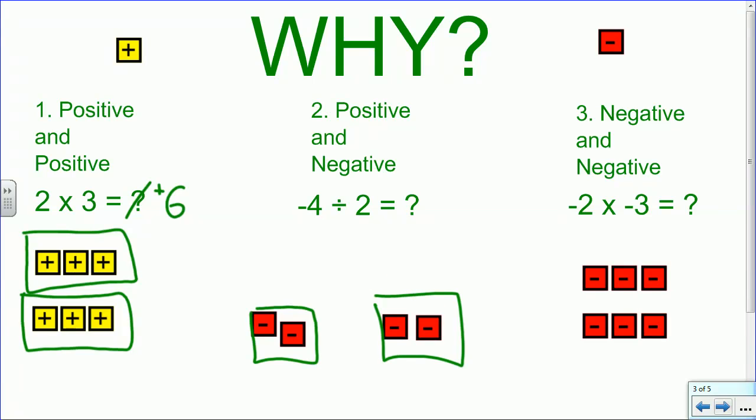In each group we have 2 negatives. That's an illustration to show why, for a negative divided by a positive, if the signs are different, your answer is negative, because there are 2 negatives in each.